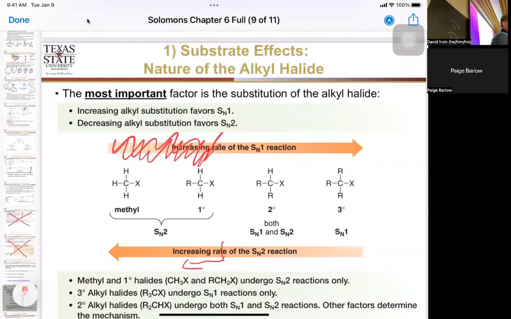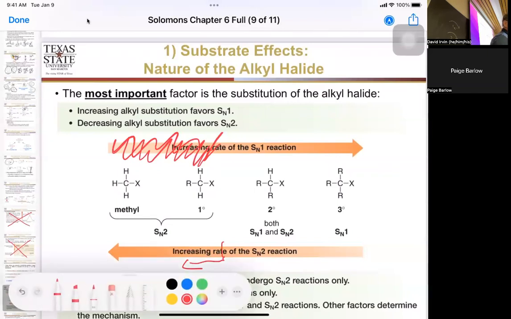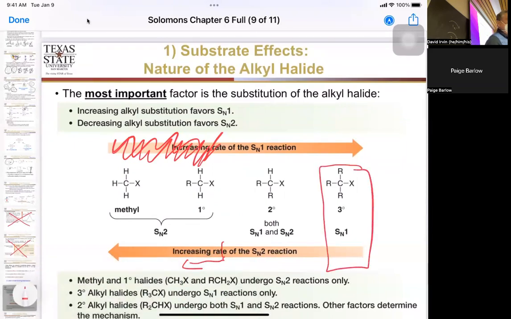Now, the other thing we want to pay attention to is that tertiaries only do SN1 and never do SN2.